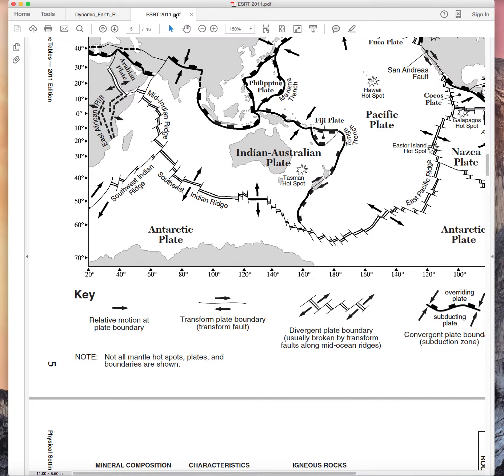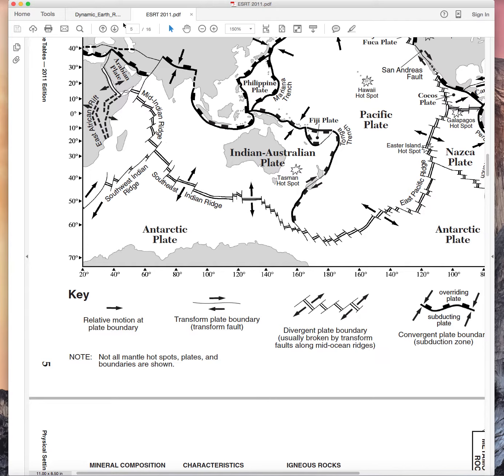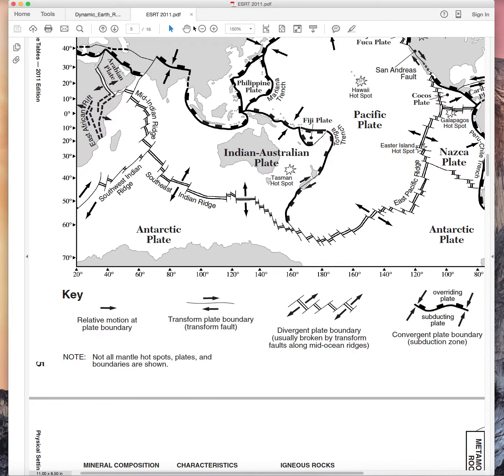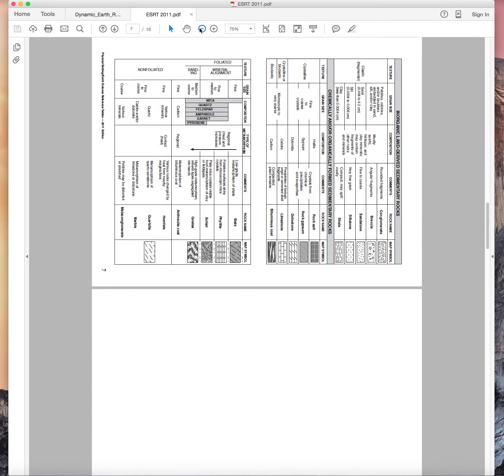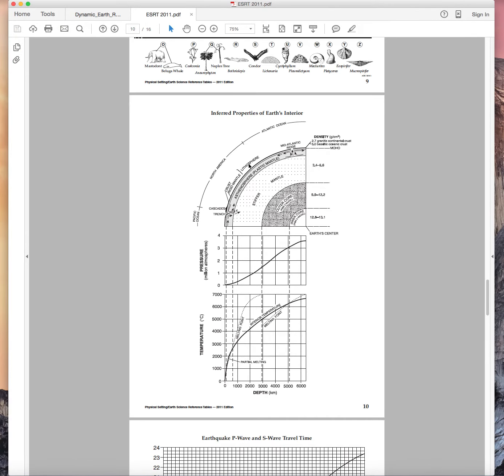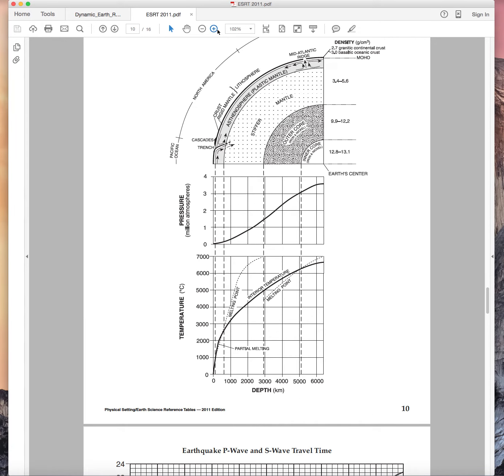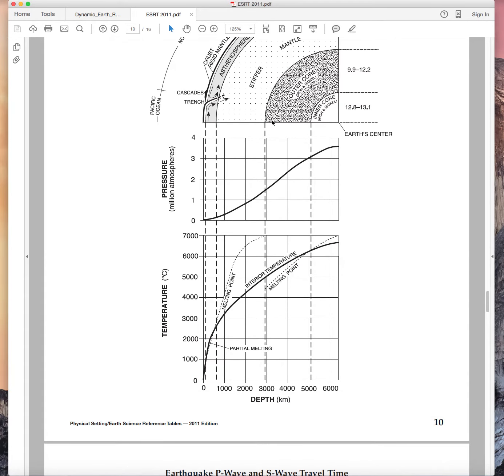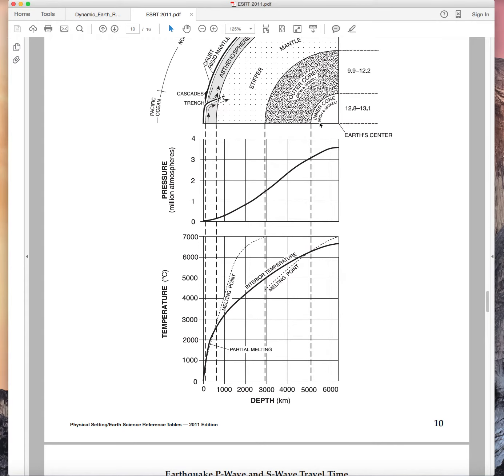All right, and judging on page 10, and what we mentioned in class, if you notice the outer core, the temperature is above the melting point, which means it's inferred to be a liquid phase.